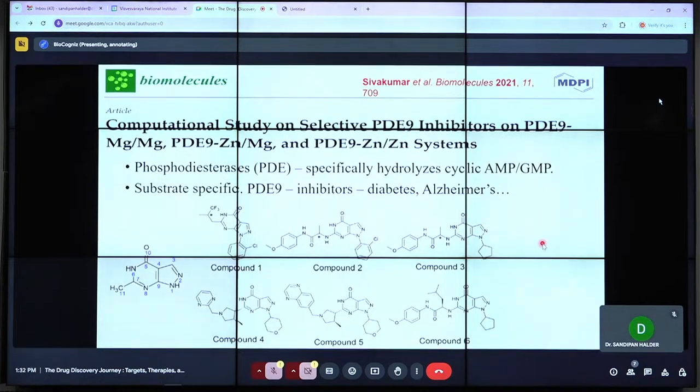Like we can see different combinations of metal ion systems, and how each one plays an important role we have studied.